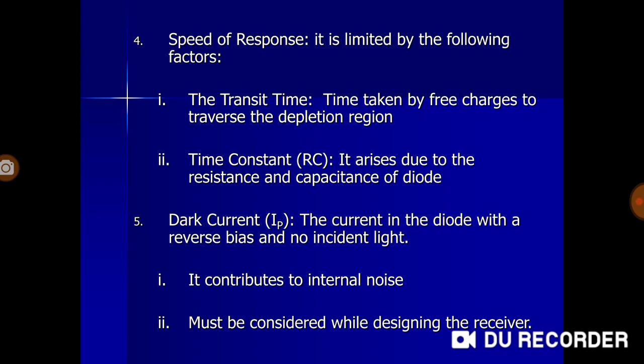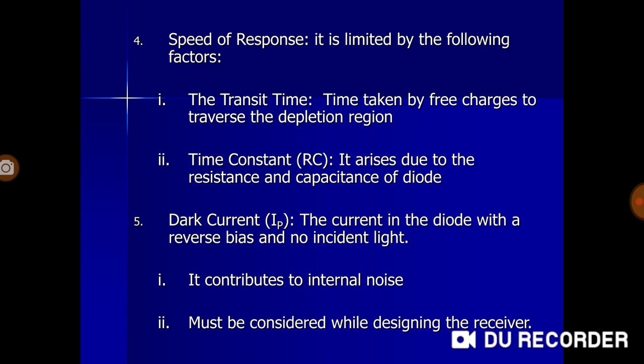Next we should understand the drawbacks that crop up due to the existence of dark current. It contributes to internal noise because it is a current which is not due to the incident photons. It is already there, persisting.